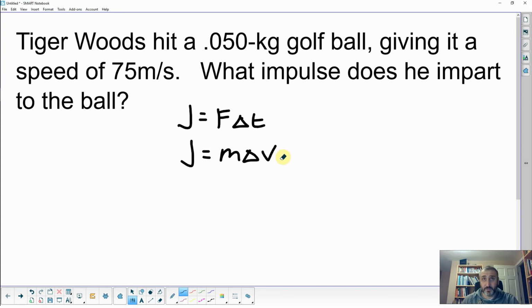I don't know how you hit your golf balls, but most of mine, when I hit them, aren't moving. So we know the vi for that golf ball is 0 and the vf is 75.